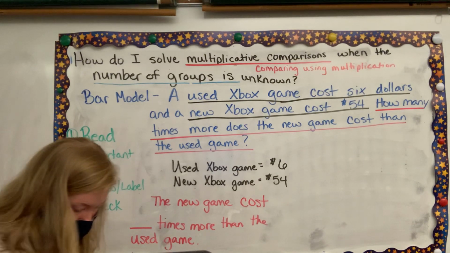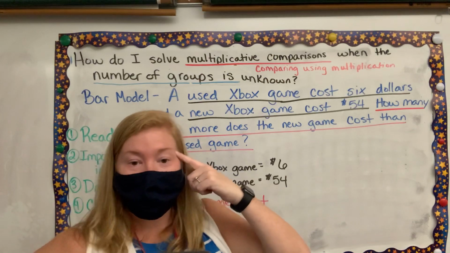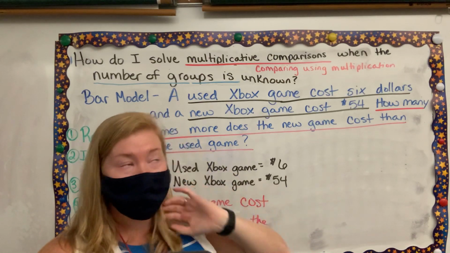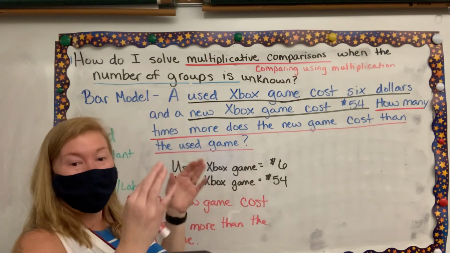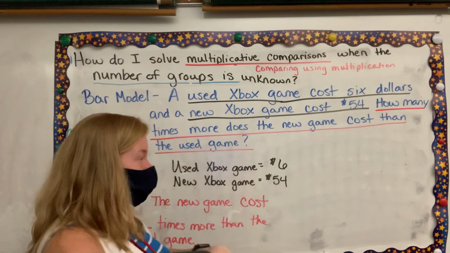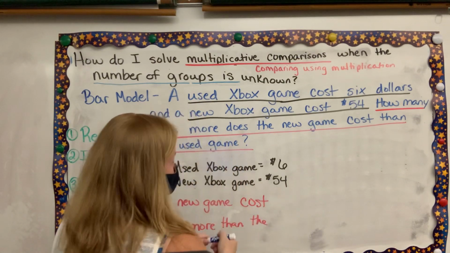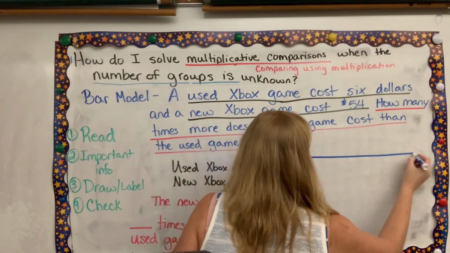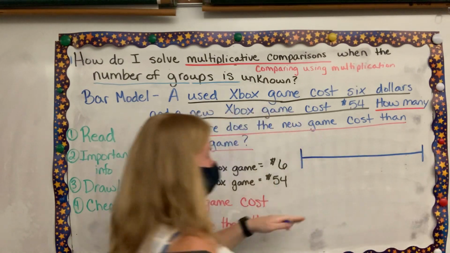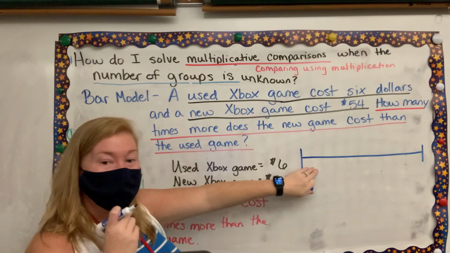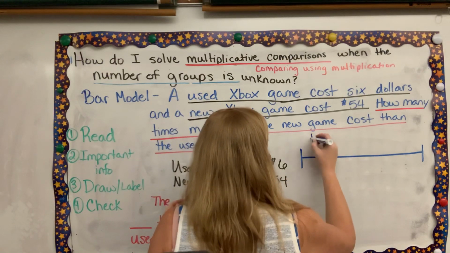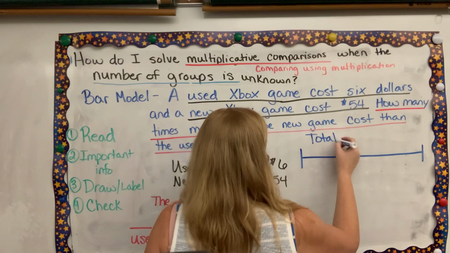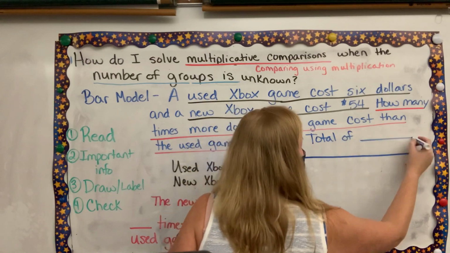So if you remember when you think back to the bar model that we've been doing, you did your work yesterday. You had the bar for how much it equals. So you have the bar. When you see this bar means the total of something.